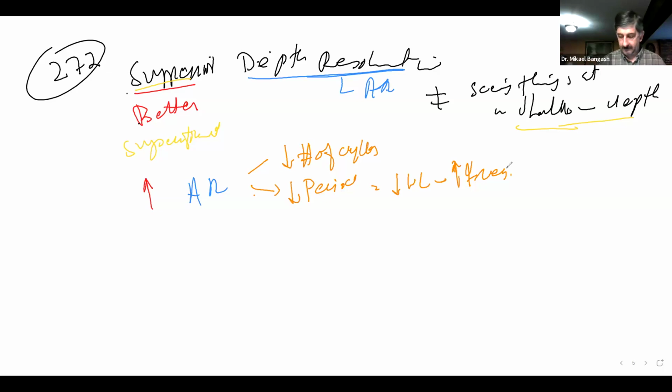Did that make sense? Clear? These here will give us a better axial resolution. Higher frequency, that's what we have here.